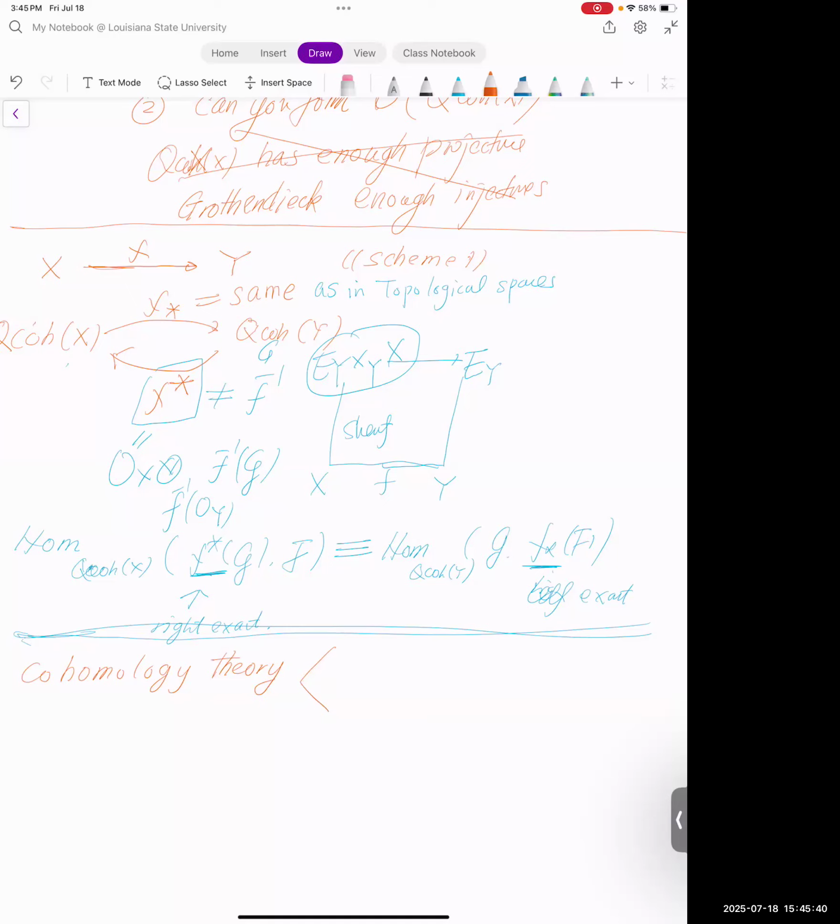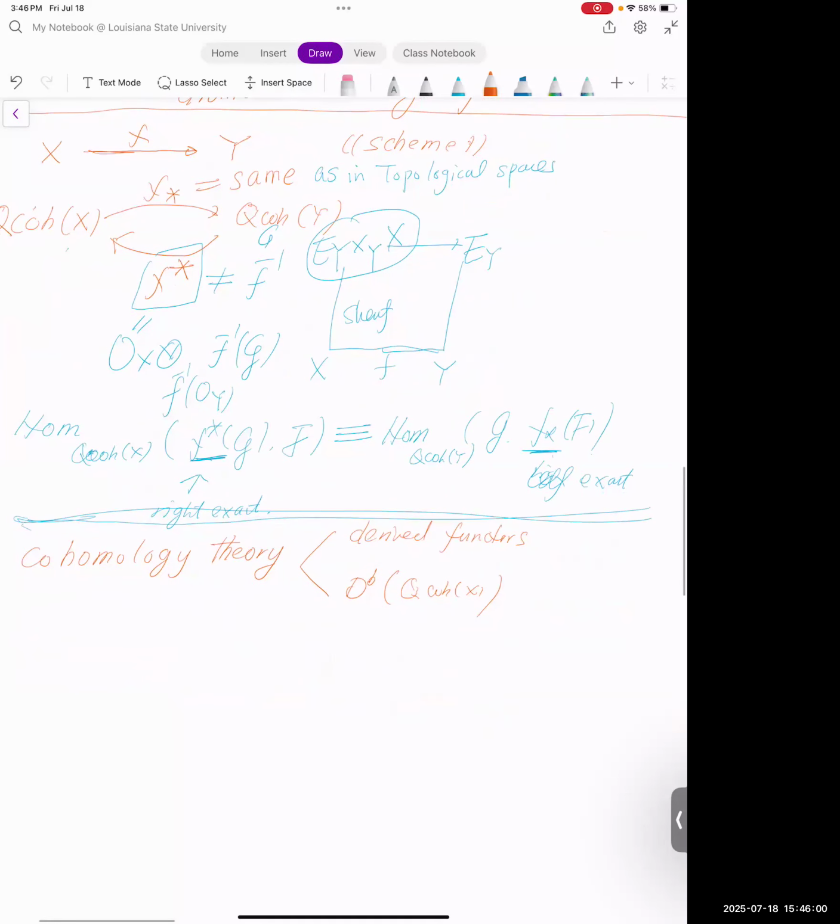One way is using so-called derived functor versions. And there's another way, which is more fancy, in the derived category. Okay, that's not what I'm trying to say because I don't know cohomology theory. That's the best I can say.